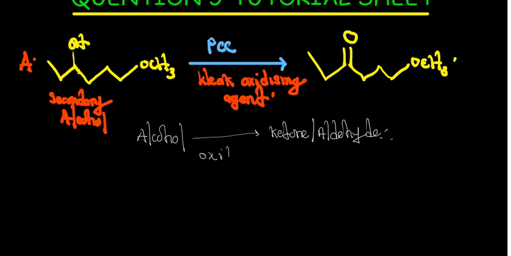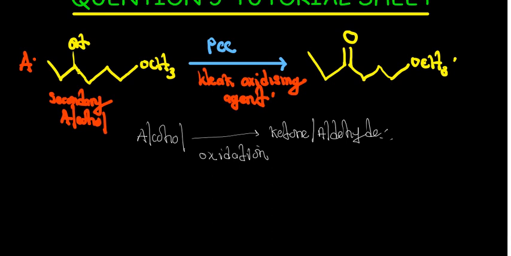So you can oxidize the alcohol to a ketone or an aldehyde. And there are a bunch of different oxidizing agents. We've got PCC, which is a weak oxidizing agent. We've got the Jones reagent, which is a strong oxidizing agent that can be used to convert the secondary alcohols or the primary alcohols to the aldehydes or the ketones.